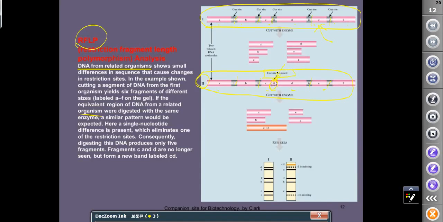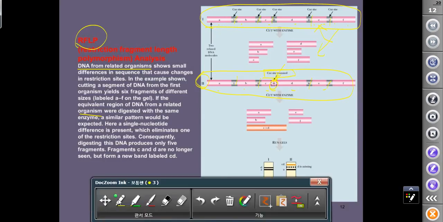So if we apply a certain restriction enzyme, we obtain, let me change the color of the pen, hold on a sec. We obtain these different fragments, A, B, C, D, E, F. Whereas from number 2 organism, we can obtain only A, B, C plus D, and E, F. We have 5 different fragments.